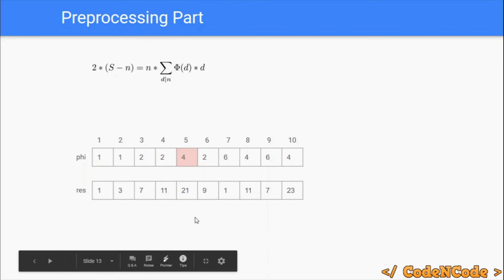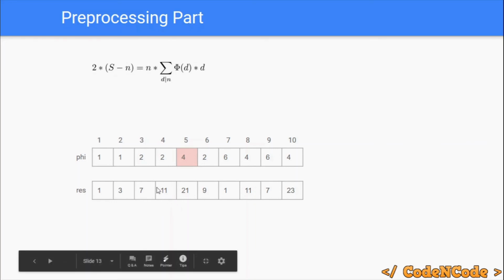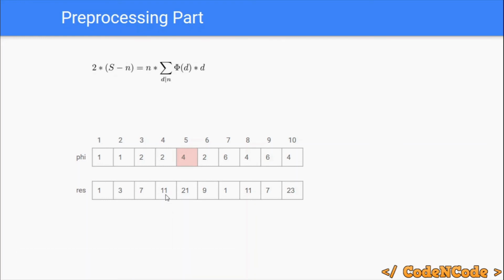So what is happening here? You see, 4, how many divisors does it have? 4 is having divisors 1, 2 and 4. So here we have added all of them. Since 4 is having divisors 1, 2 and 4, 1 times phi of 1 should be added into this, 4 times phi of 4 should be added into this, and 2 times phi of 2 should be added into this as well.